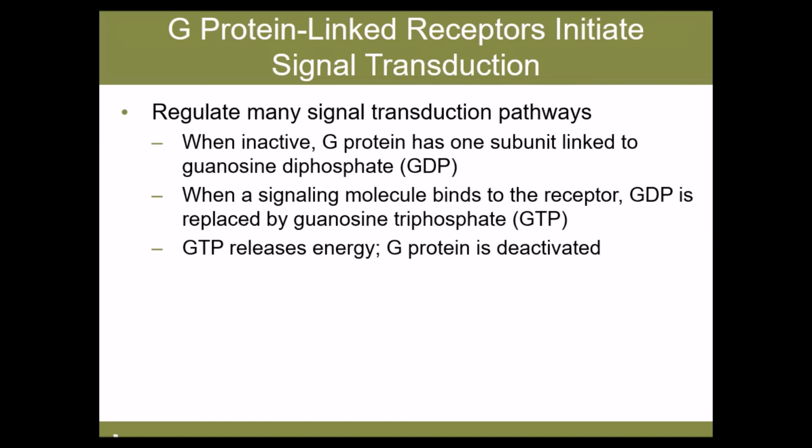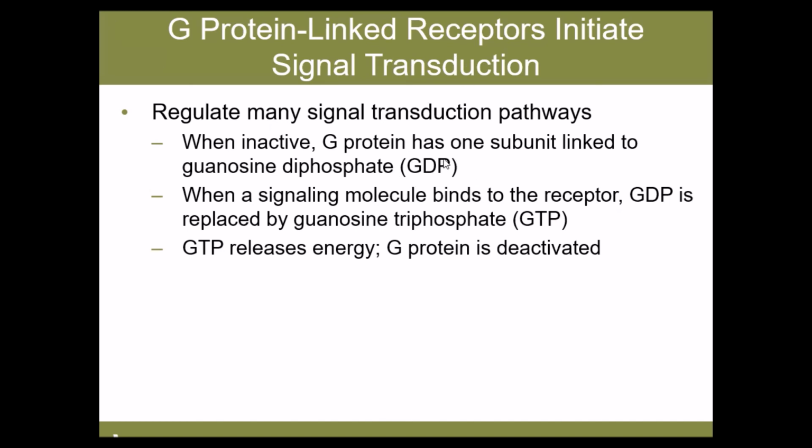You also have signal transduction using the G protein linked receptors that we looked at a little bit earlier. This helps to regulate transduction in a lot of different types of cells. We kind of talked about this already. You have a G protein that's linked to the inside of the cell membrane, and there is a molecule here called GDP.